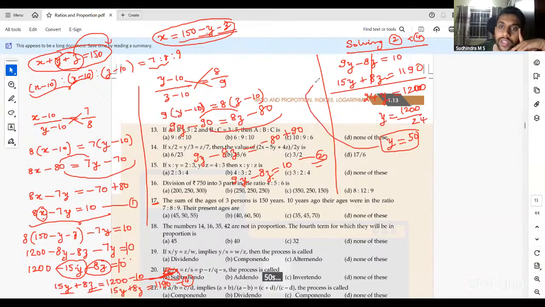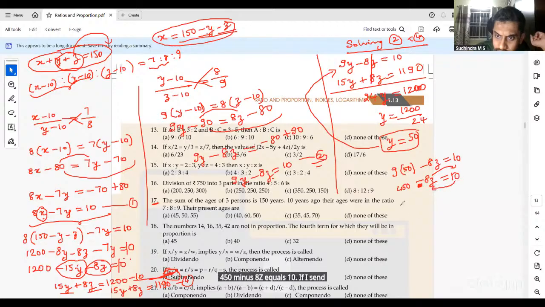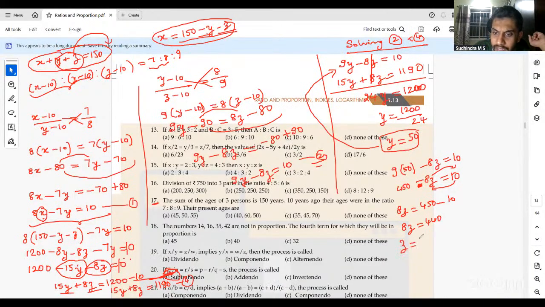If I substitute y as 50 in any of these equations, 9 into 50 minus 8z equals 10. 9 into 50 is 450, minus 8z equals 10. If I send minus 8z this side and 10 the other side, 8z is 450 minus 10, so 8z is 440. 440 divided by 8 is 55.